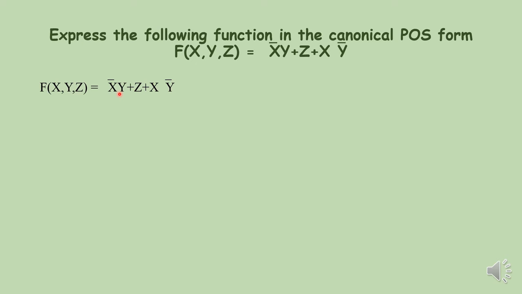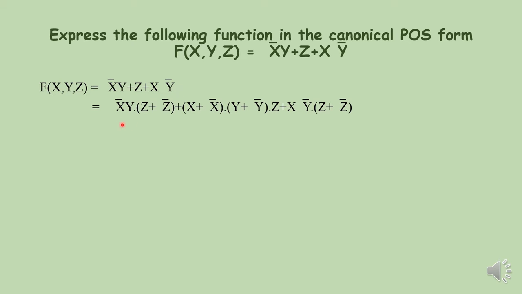SOP form because it is a sum of product terms, and non-canonical because in each term of this expression some variables are missing. Here z is absent, here x and y are absent, here z is also absent. So this is a non-canonical SOP form, and we are converting this equation to canonical POS form.